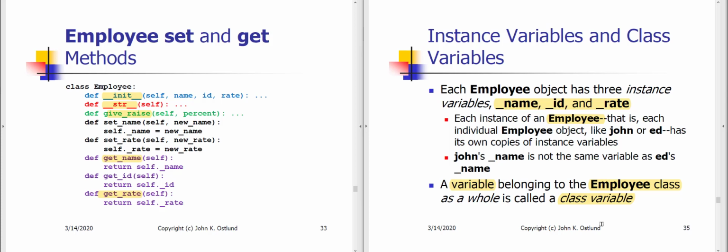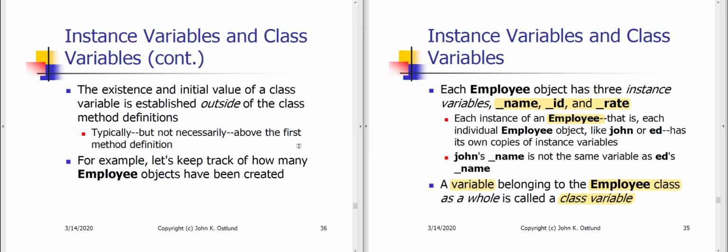All right, so _name is an instance variable. Each individual employee object has its own. But we might, as a class variable, want to keep track of how many employee objects have ever been created, let's say. So it's not interesting for John to know how many other employee objects currently exist, or for Ed to know how many other employee objects currently exist.